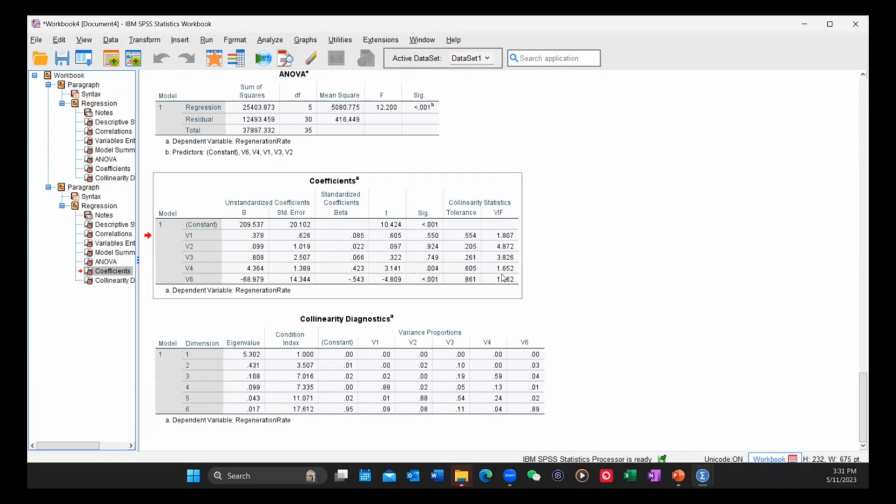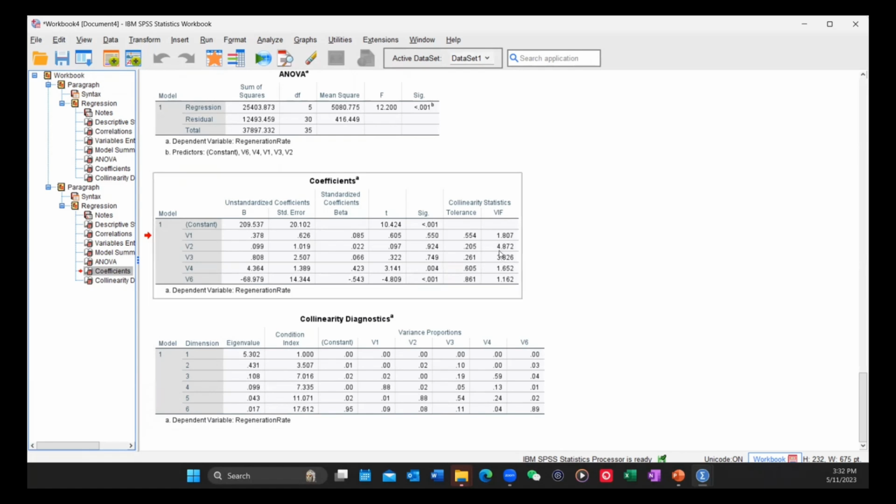Because the VIF value for V6 is very small, it's 1.16, and we have already removed V5, probably we don't want to remove V6 as well at this moment. So we can temporarily keep it there.